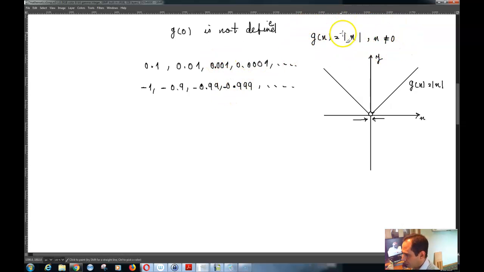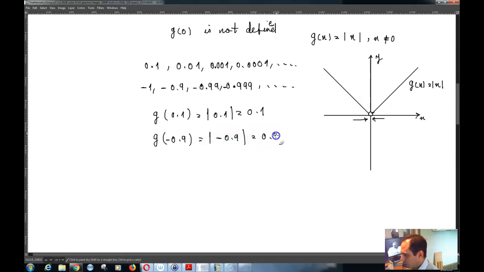For example, g of 0.1 would be equal to the absolute value of 0.1, which is equal to 0.1. Or g of -0.9, for example, would be the absolute value of -0.9, which is equal to 0.9. So these values are all defined.